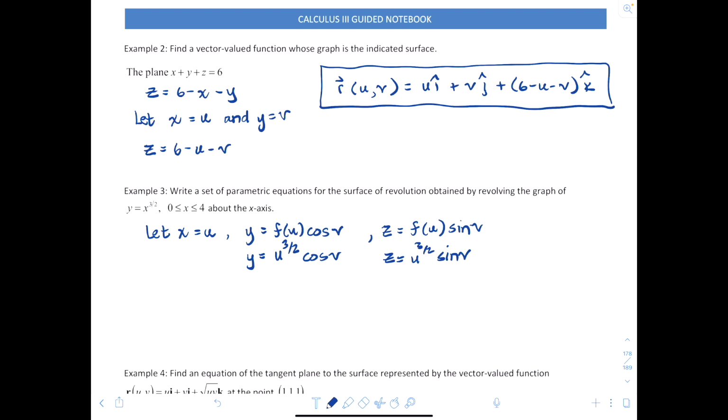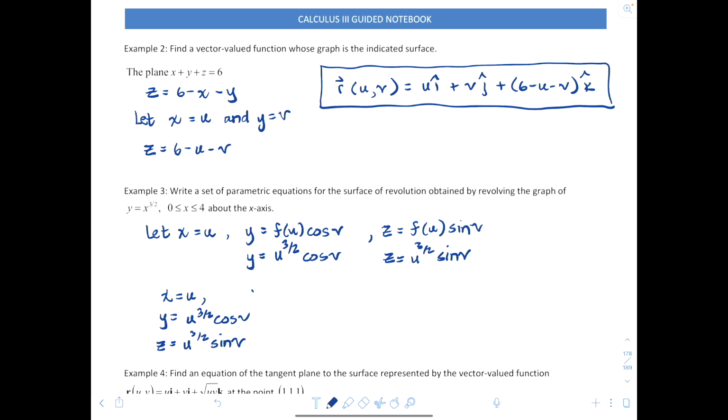So let's just clean it up. We'll have x equal to u, y equal to u to the 3 halves cosine of v. Z would equal u to the 3 halves sine of v.